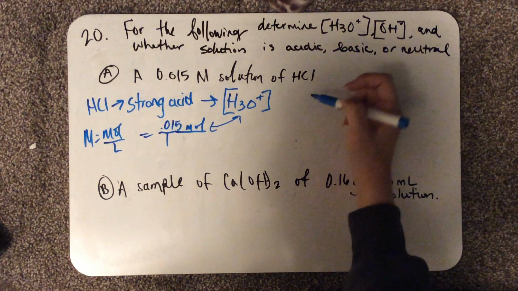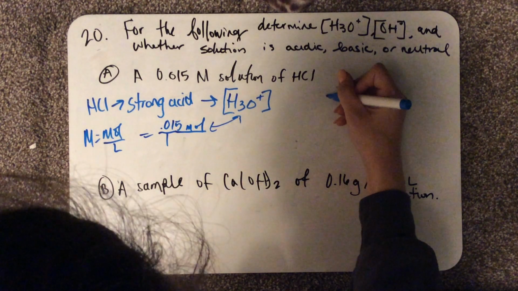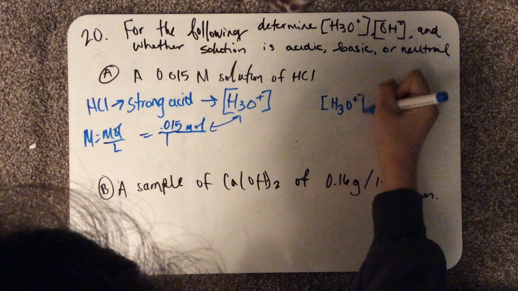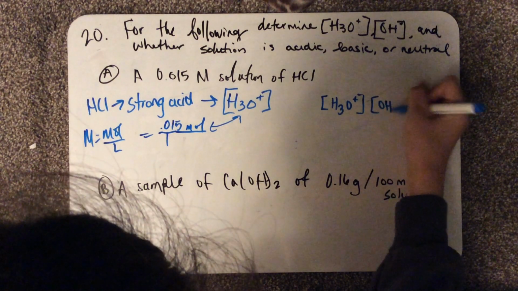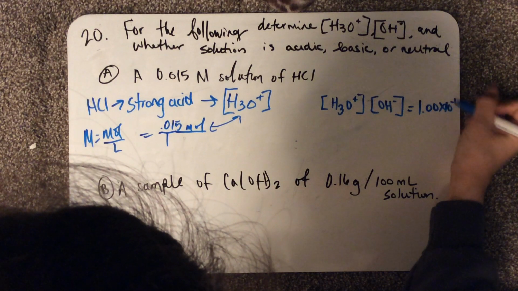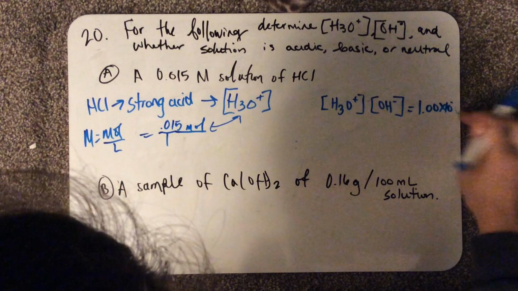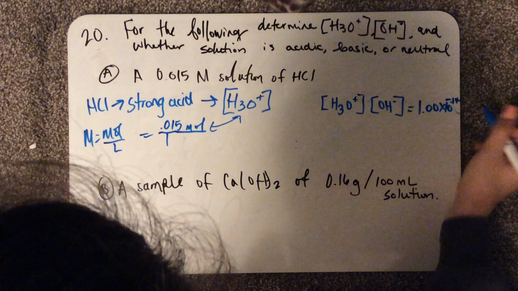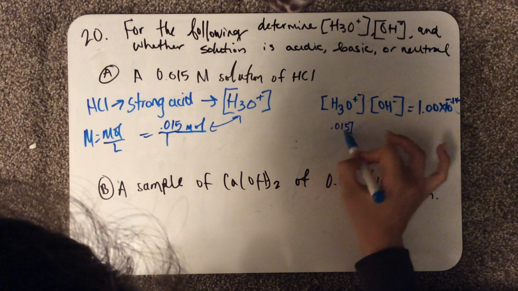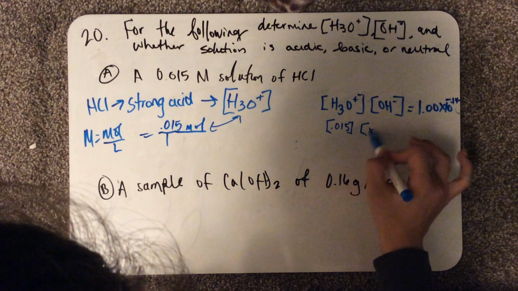So we can use the equation H3O plus times OH minus equals 1 times 10 to the negative 14th. Oh, that's a bad 1, 4. And we can plug in 0.015 here, solve for x here.